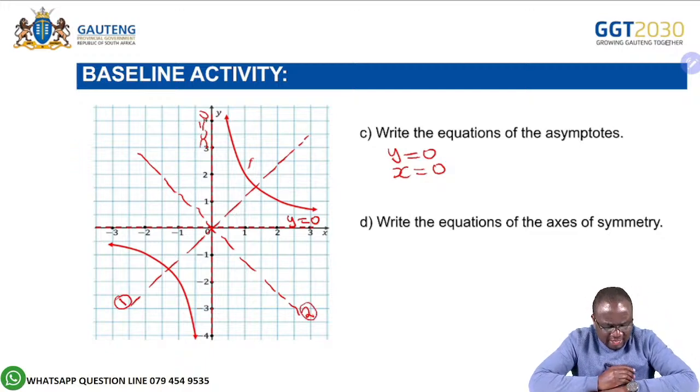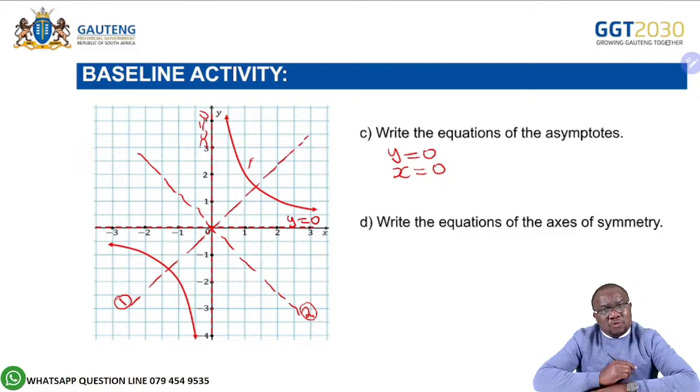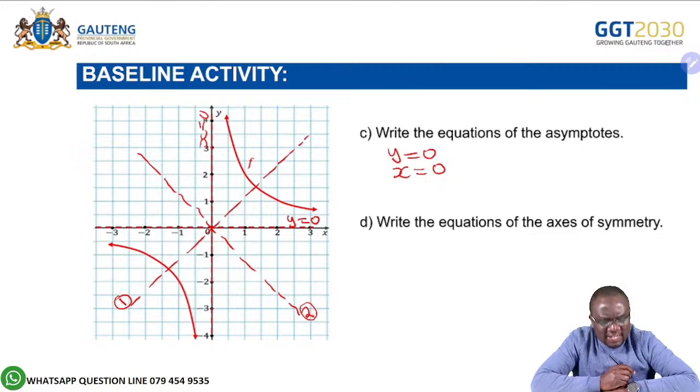If you check 1, is it an increasing function or a decreasing function? Is it going up or going down as you go to the right? It goes up. It's an increasing function. So it means that the gradient is positive. And then if you check 2, as you go to the right, the graph is going down. So it is a decreasing function. So the gradient is negative.